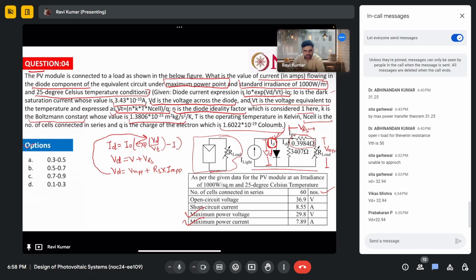So how much VT are you getting? I think you should get this VT. So simple, okay.